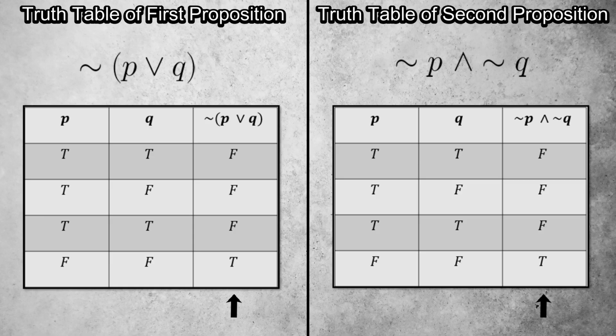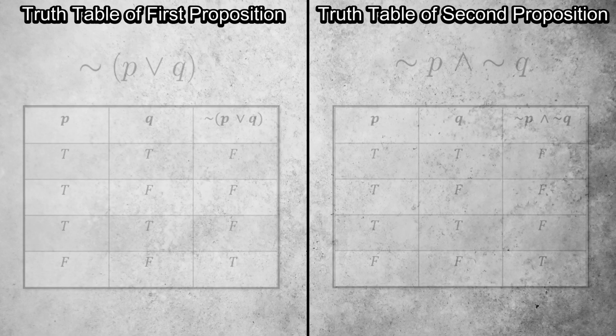Observe that the columns for not (P or Q) and not P and not Q are identical. This means that regardless of the truth values assigned to P and Q, both propositions yield the same truth value. Therefore, they are equivalent.